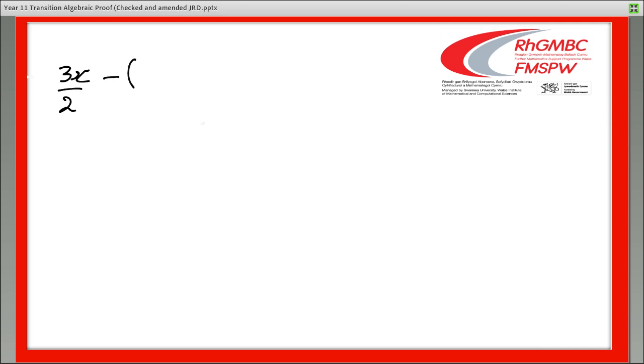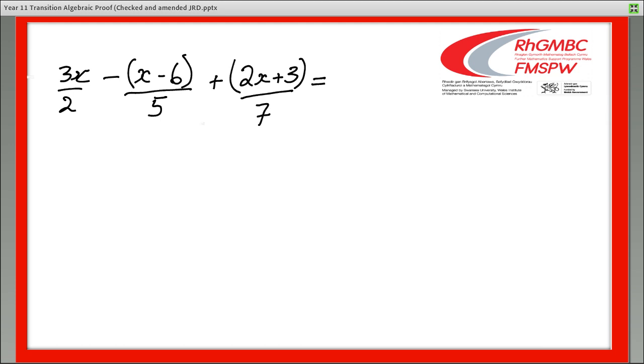But prior to doing that, when you see the question and it's written, you will write it as 3x over 2 minus, and I'm going to put a bracket around here, x minus 6 all over 5, and then plus 2x plus 3 all over 7.